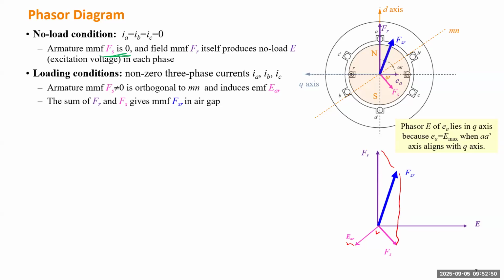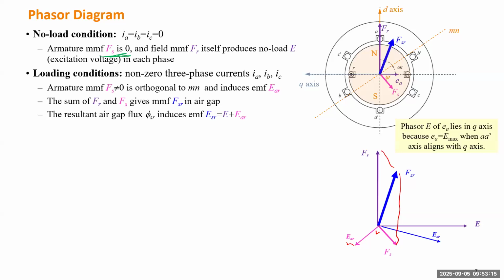This is the real magnetomotive force when the system has load. This one will induce some voltage, and that voltage will become the true voltage source of the external system. It is also 90 degrees lagging the magnetomotive force.